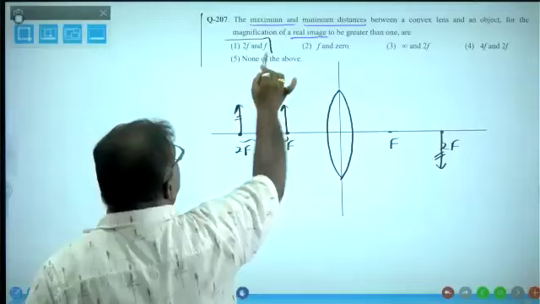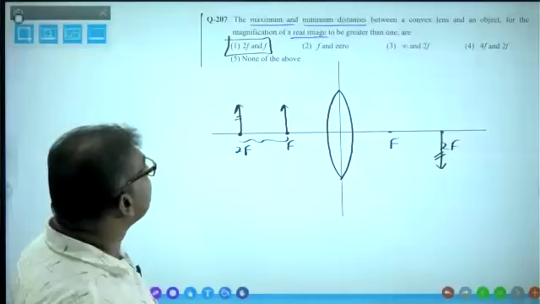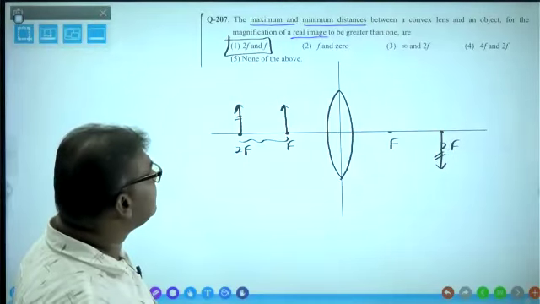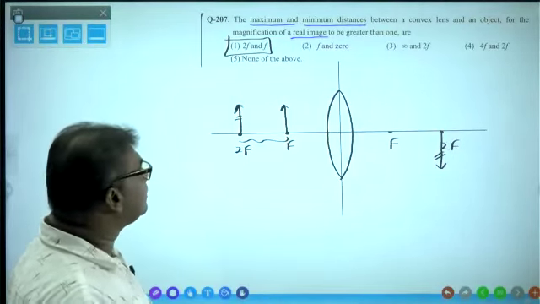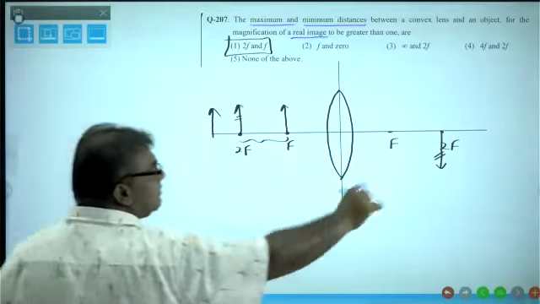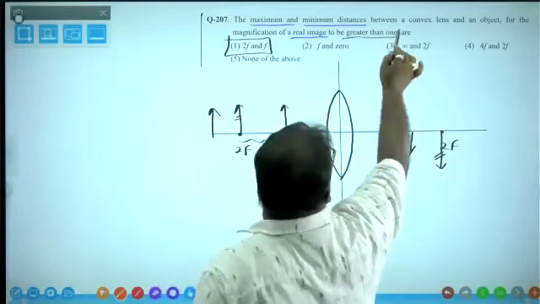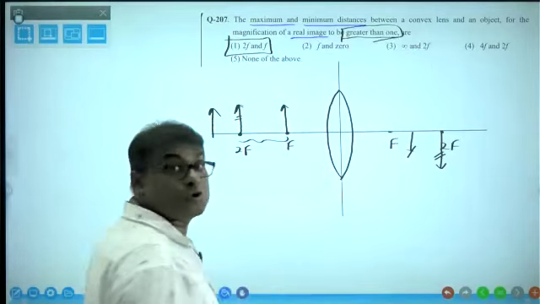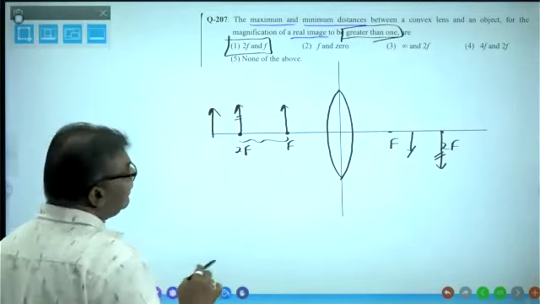In between 2F and F, you can get a magnified image. If you keep the object right here, the image becomes less than 1. Here, greater than 1, no? Greater image should be formed. Then the correct answer is in between 2F and F.